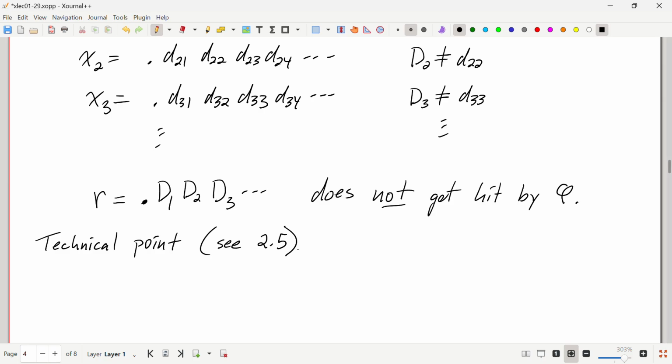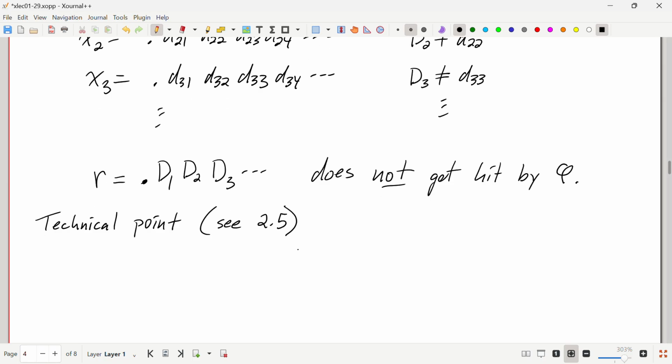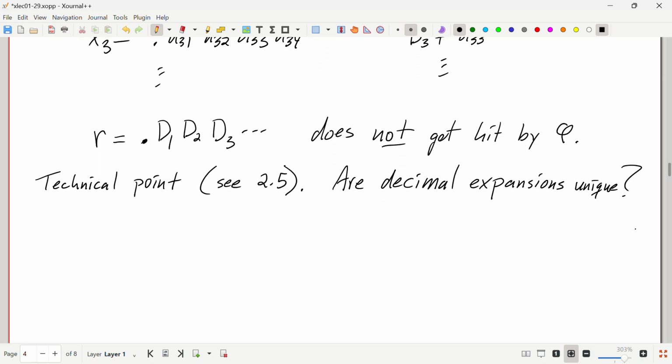I think it's worth reading. Are decimal expansions unique? They almost are. You've got to think about it a little bit and rule out repeating ones, repeating nines. If they are unique, then this thing definitely works.